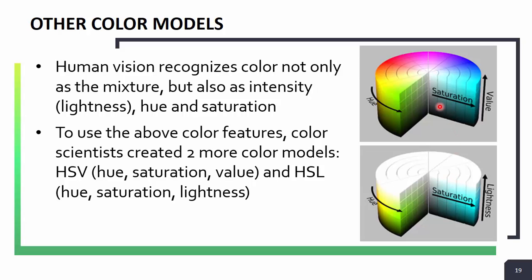You see, it is not a Cartesian coordinate anymore, it is a cylindrical coordinate because hue requires degrees as its unit, so we need a kind of polar coordinate, which in this case is a cylindrical coordinate. So in HSL, as lightness goes up, it becomes all white, and the bottom is all black, and for HSV, the same axis is value, which is less in darkness, and saturation is the value from the center to the point in the cylinder.